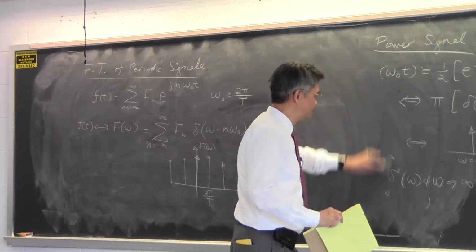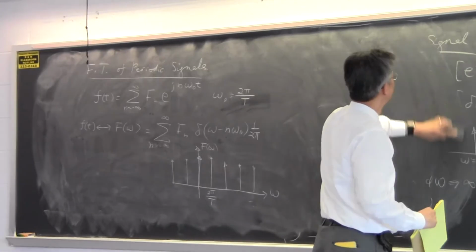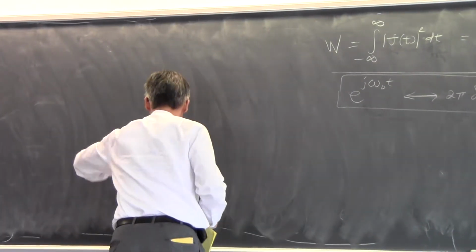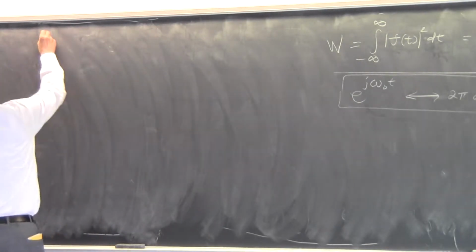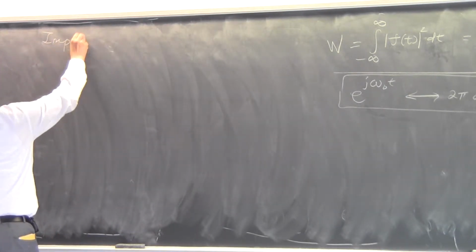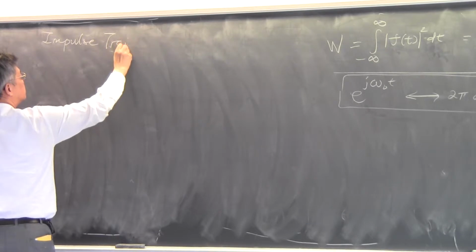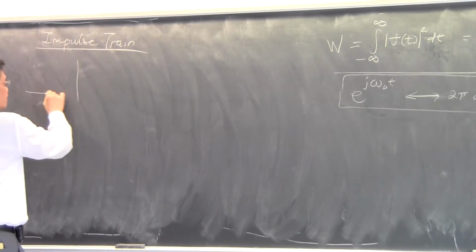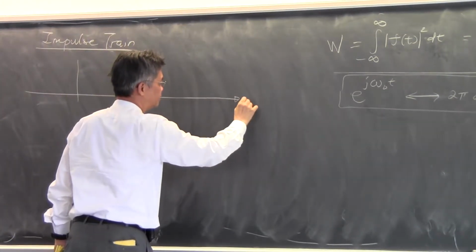But another thing that is very interesting is what is known as the impulse train. What is an impulse train? An impulse train is just a train of impulses coming one after another at you.